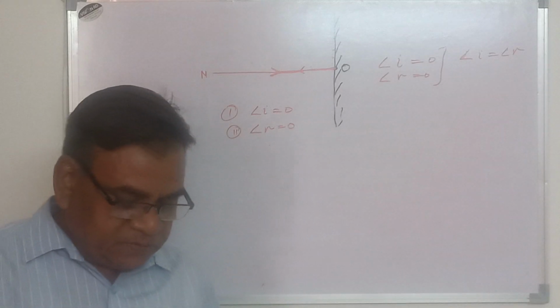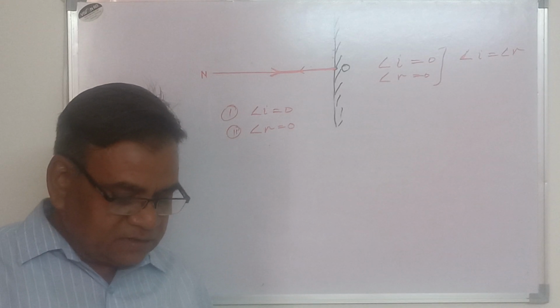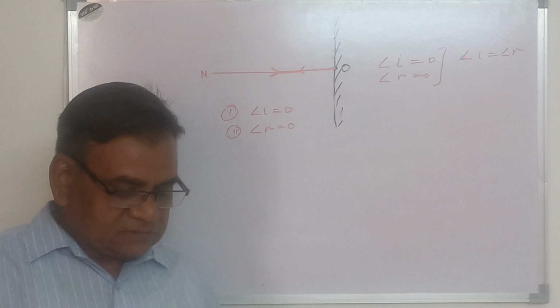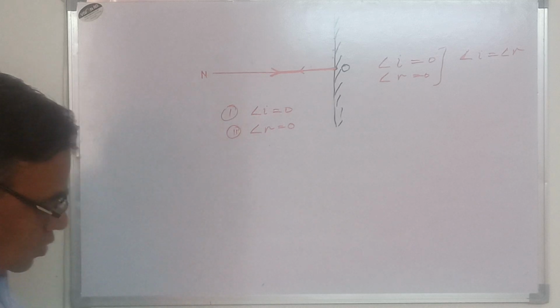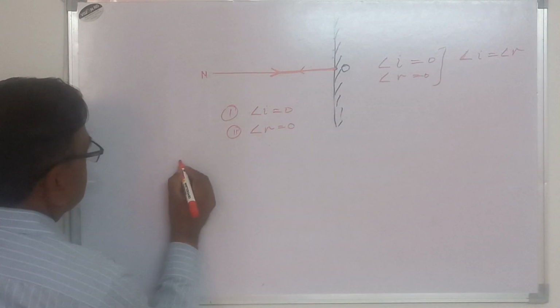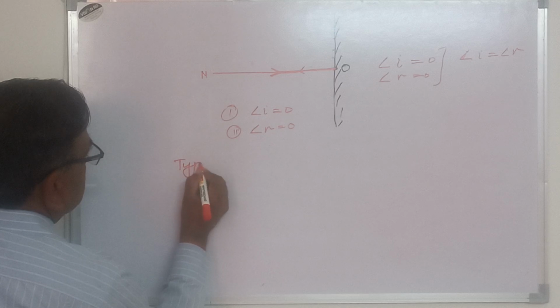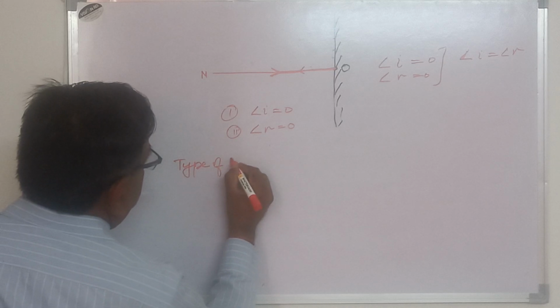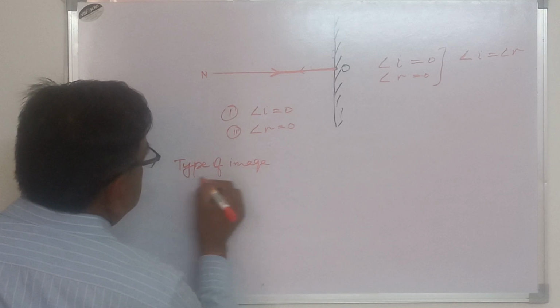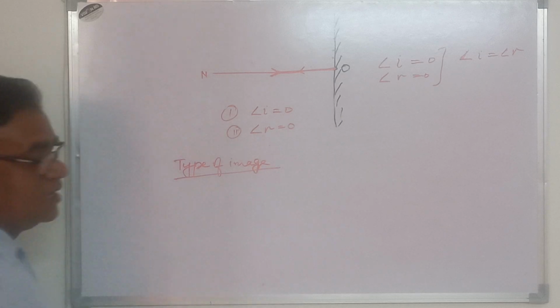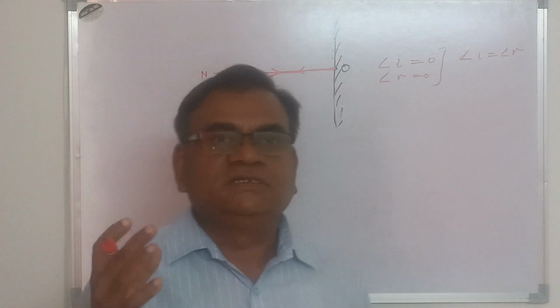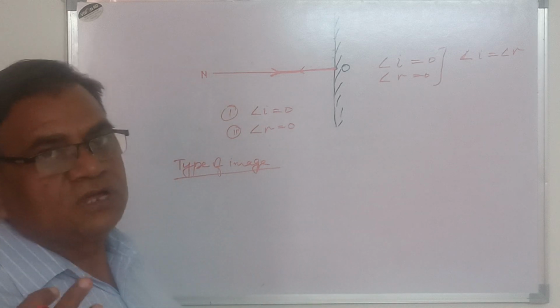What type of image is formed in a plane mirror? Number 8. What type of image? Type of image. Question है. तो अभी हमने बात किया था दो टाइप की इमेज है, दो प्रकार की. There are two types of images.